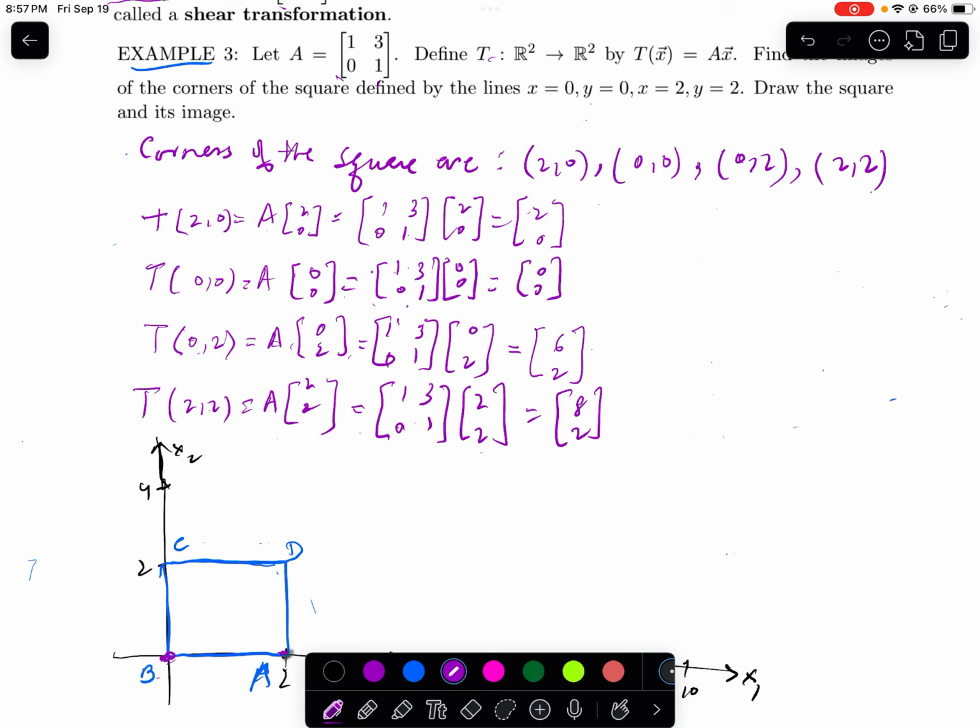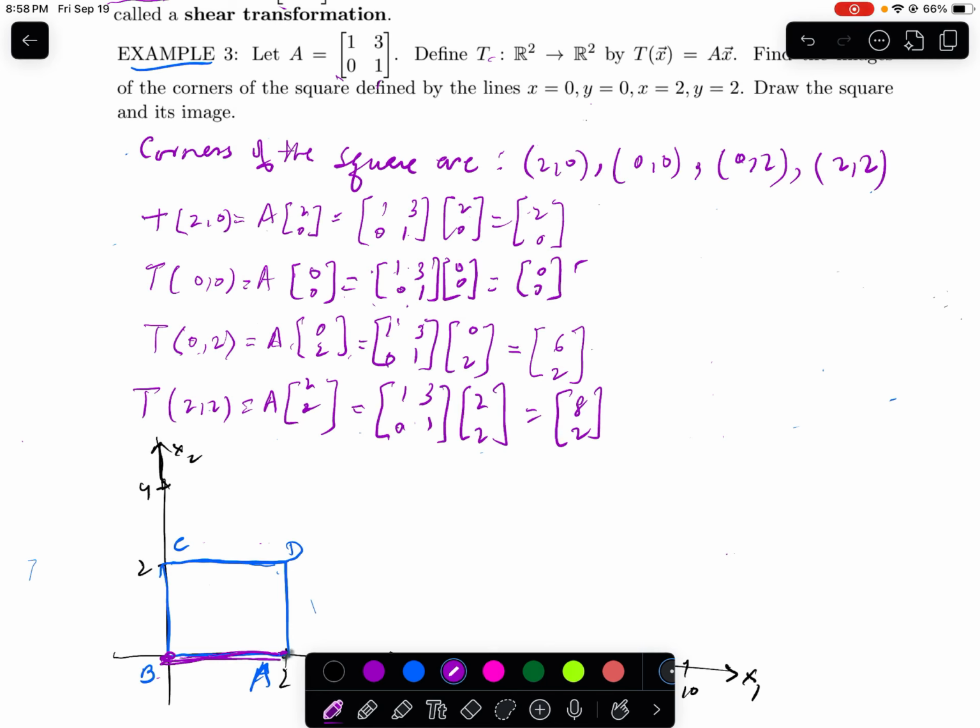That's what we found: T of 0, 0 is 0, 0. Actually, any point on this line will stay here. So this whole side of the figure will stay here.